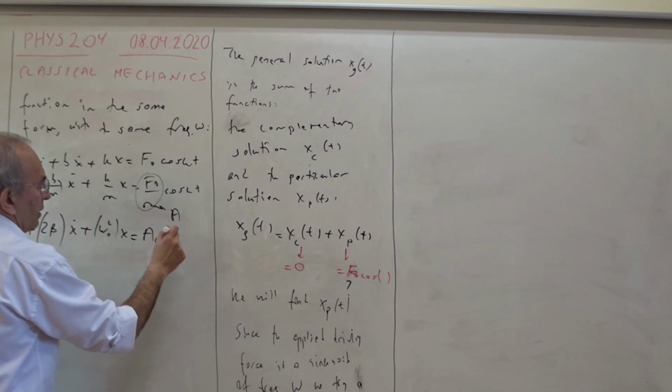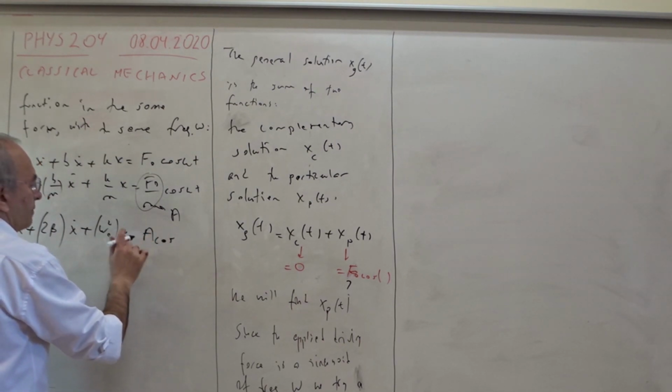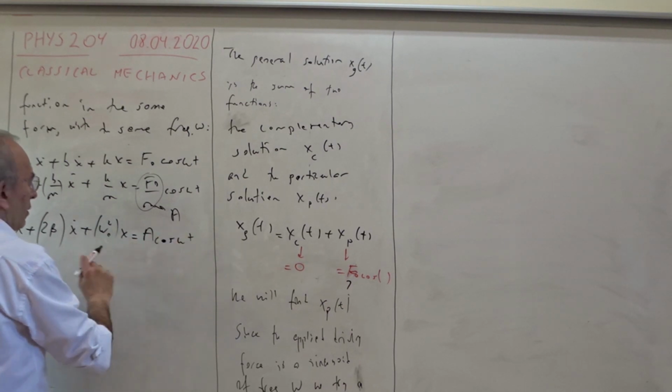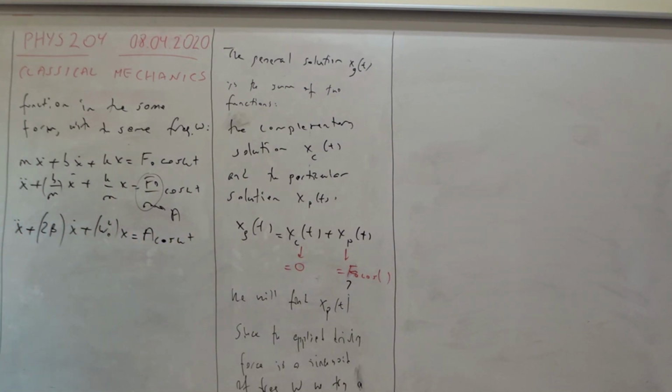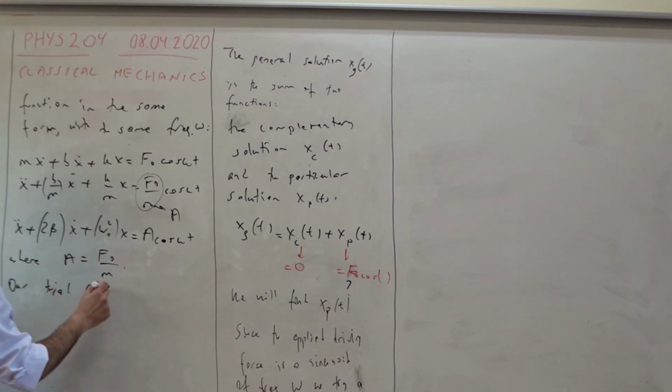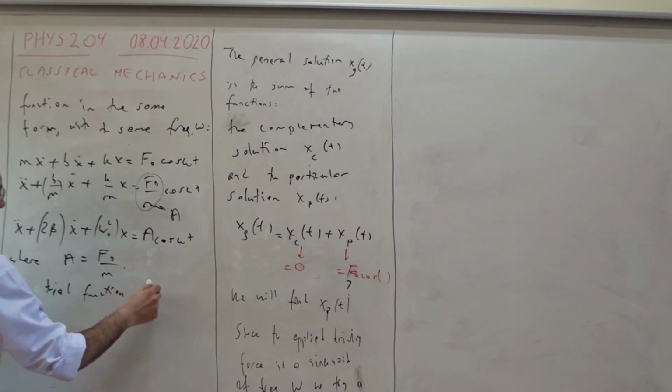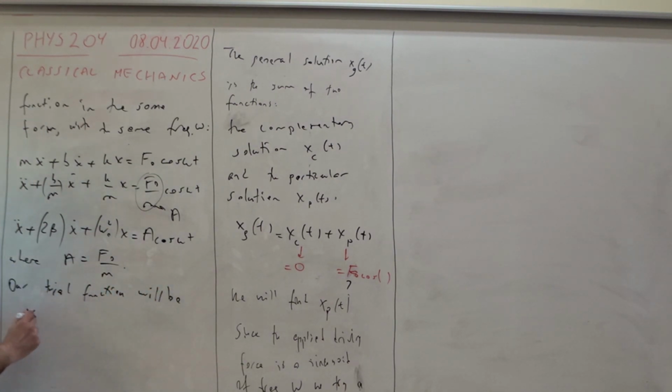Capital A cosine omega t, where A is just f0 over m. Our trial function will be what? X particular of t will have an unknown amplitude D, which we will find.